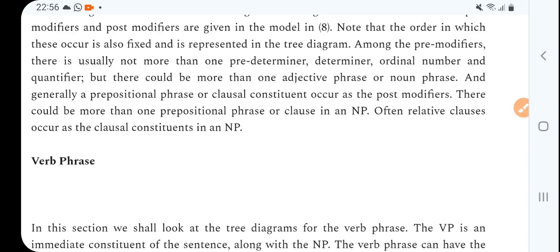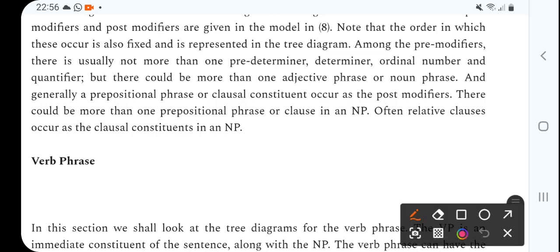Among the pre-modifiers, there is usually not more than one each of predeterminer, determiner, ordinal number, and quantifier. A determiner is a, the, my, this, that; all these words are called determiners, which determine the noun.